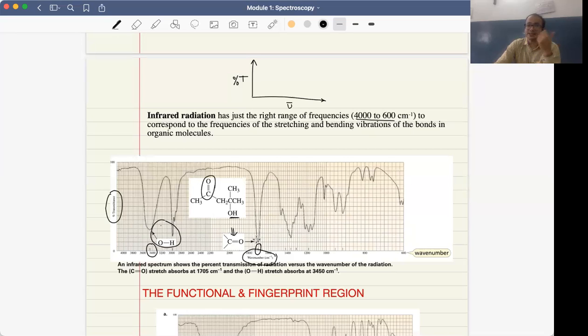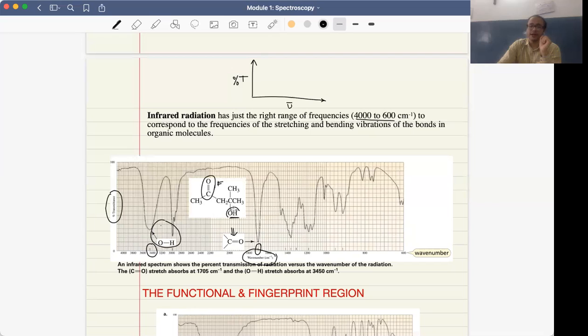So as you can see, the infrared spectrum can be used to identify the functional groups present in a molecule. This molecule contains two functional groups: an OH group and a CO group. Using the spectrum, if you have a broad peak at 3400, you say the molecule has a hydroxy group.